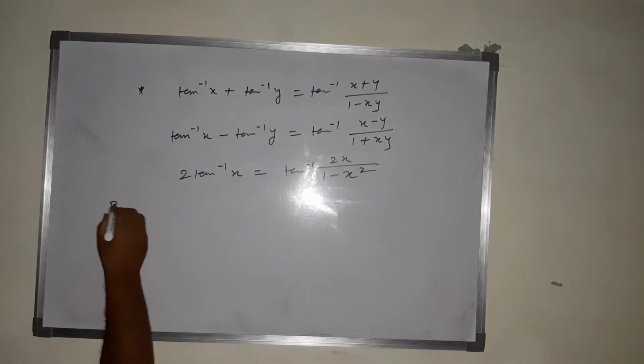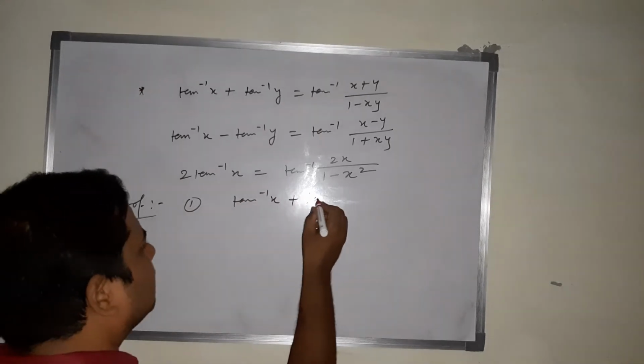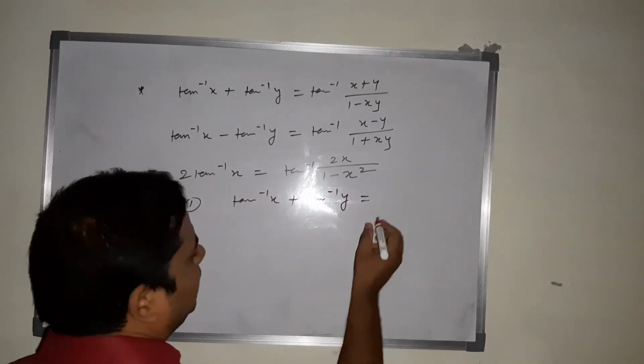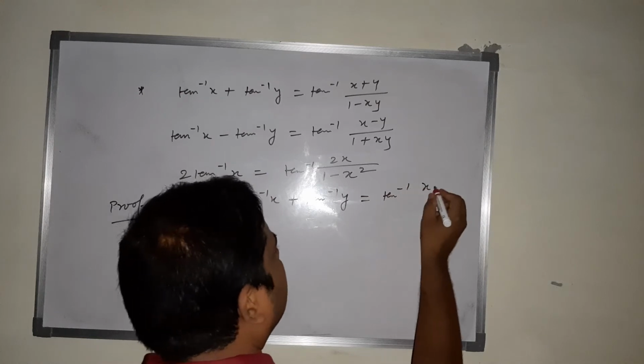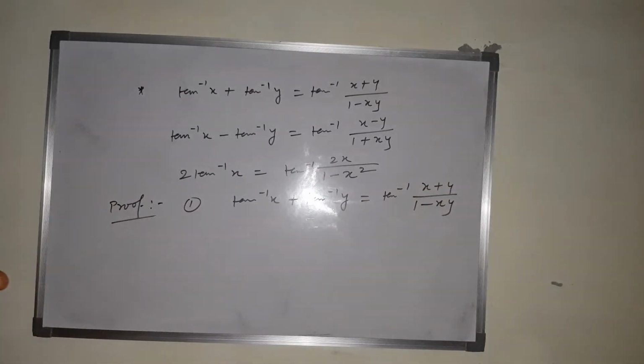Proof, first one: tan inverse x plus tan inverse y is equal to tan inverse of x plus y upon 1 minus xy.